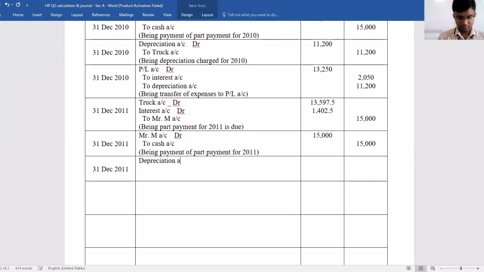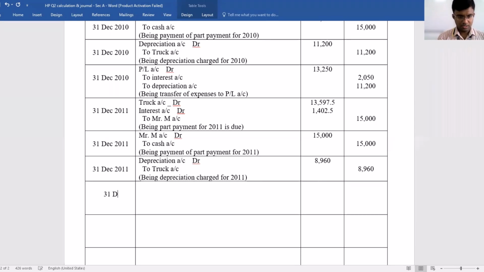Depreciation account. We will have to calculate the depreciation for the second year, and the second year's depreciation is 8,960, to truck account 8,960, being depreciation charged for 2011.